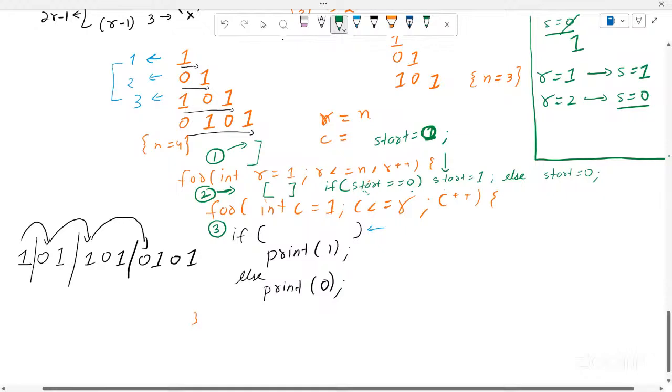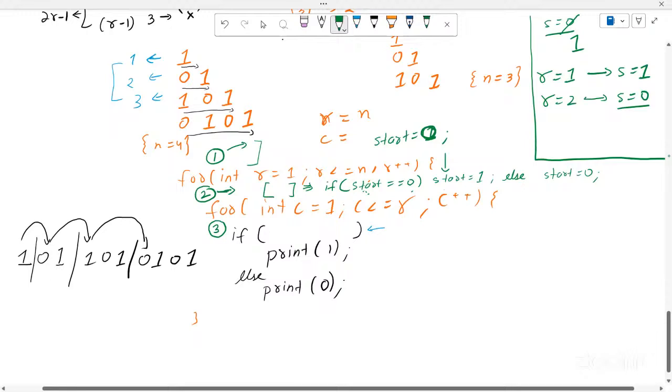So can I say that this logic will help me decide from where to start? Do you agree with it? For each row, you will get it.